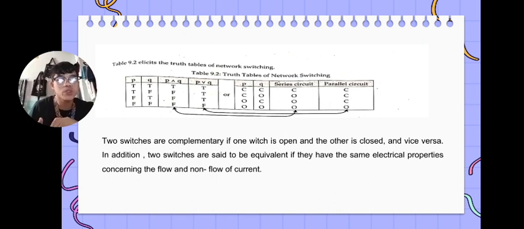In addition, two switches are said to be equivalent if they have the same electrical properties concerning the flow and non-flow of current. C is true in the series, and O is false. For P or Q, the parallel circuit, they are also the same.